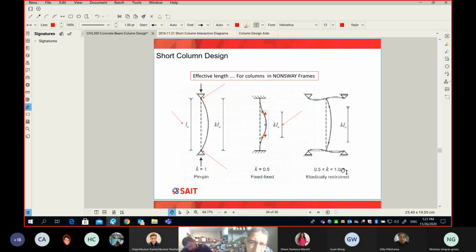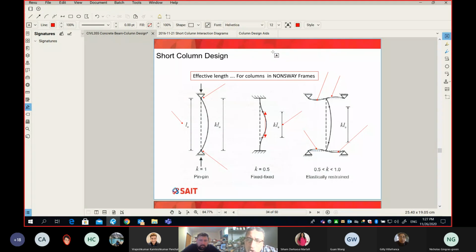This discussion is a little bit more complicated, because in order to find the exact K, you have to find the stiffness of all the members connected to your column. With the stiffness, I'm not sure if you remember, sometime in my course I said there is something called I divided by L, the moment of inertia divided by the length.